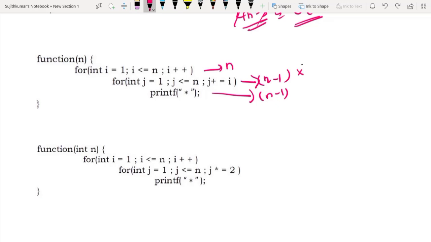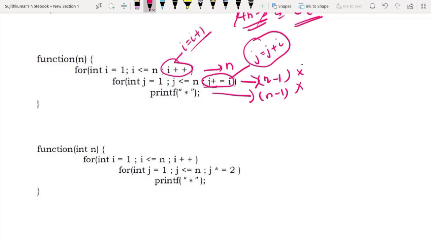Now consider the inner loop: j equals 1, j less than or equal to n, j plus equals i, which means j equals j plus i. So it is not j plus 1. If I say i plus plus, it means i equals i plus 1.